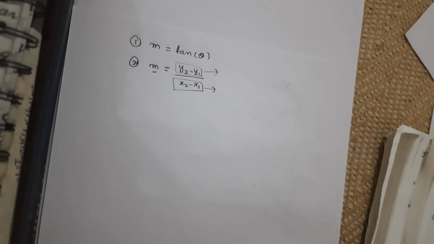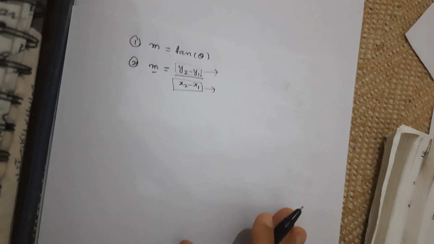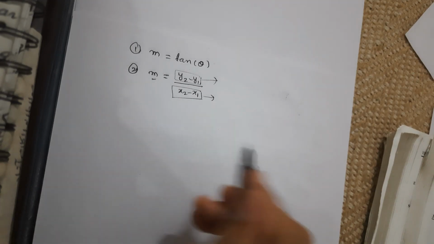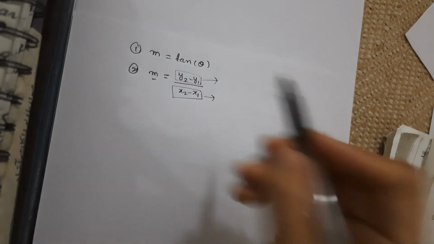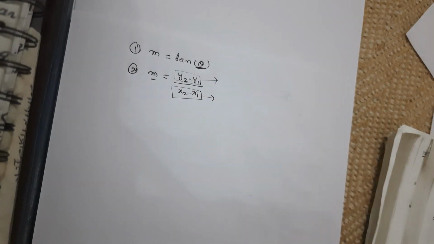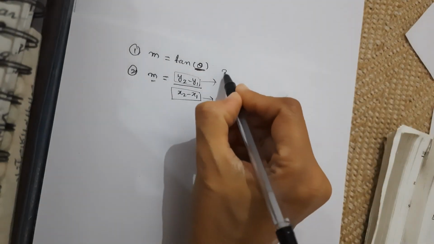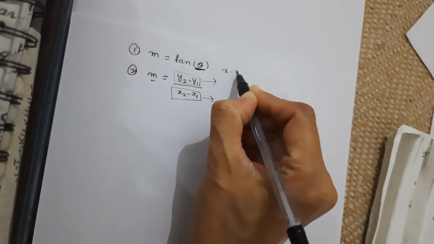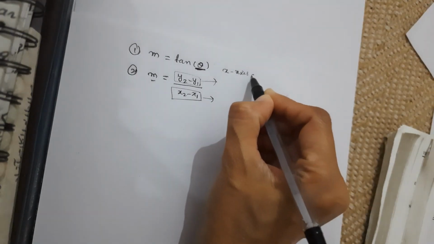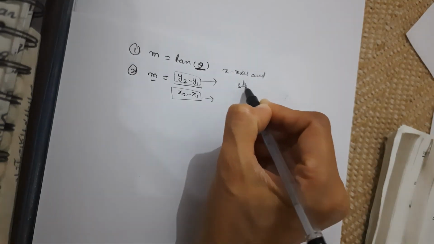Now next I want to explain how to calculate or how to measure the angle between two straight lines. Okay, this angle is the angle between the x-axis and a straight line.